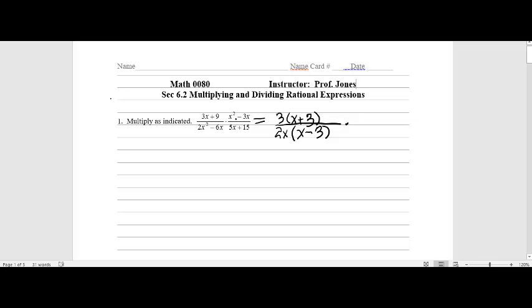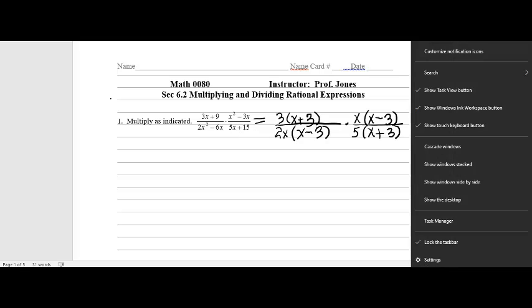Similarly, I'm going to factor x squared minus 3x. The greatest common factor here is x, which multiplies by x to give me the first term of x squared, and by negative 3 to give me the second term of negative 3x. And then in the final denominator, I have a GCF of 5, which multiplies by x to give me the first term of 5x, and it multiplies by a positive 3 to give me the second term of plus 15.